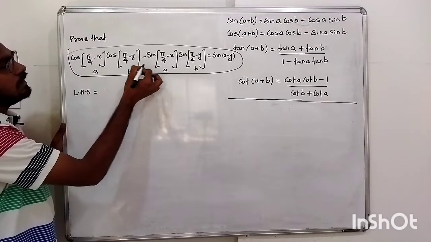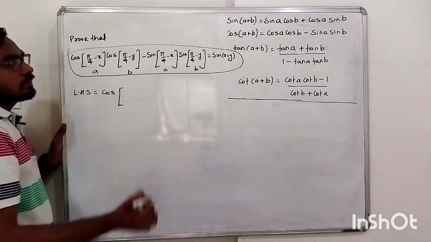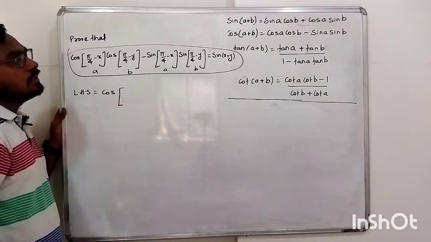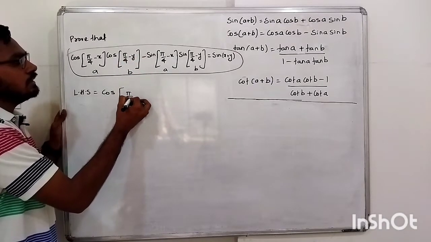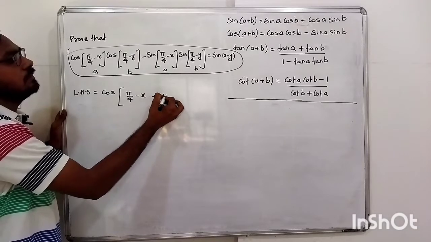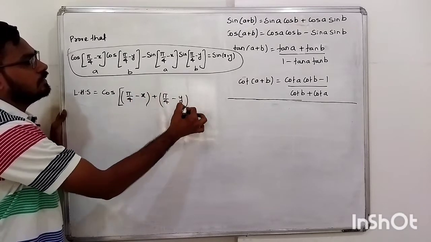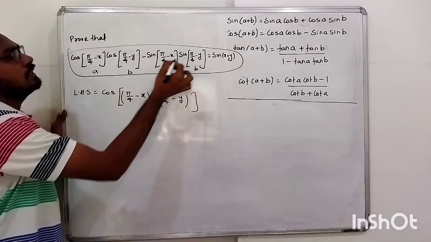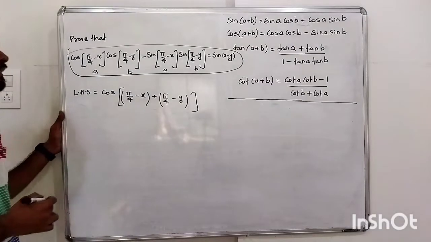Cos A cos B minus sin A sin B is cos of A plus B. So pi by 4 minus x plus pi by 4 minus y. Okay, cos A cos B minus sin A sin B, same as cos of A plus B.